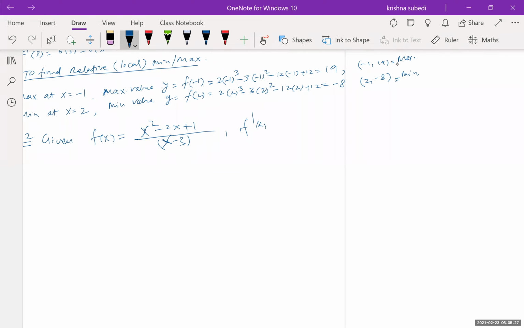If you find the derivative of this using the quotient rule, okay, this is your u over v. Using the quotient rule, you're going to get u'v minus uv' over v squared.